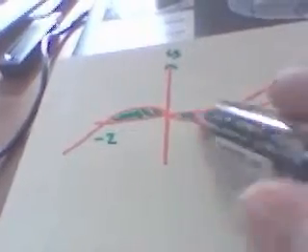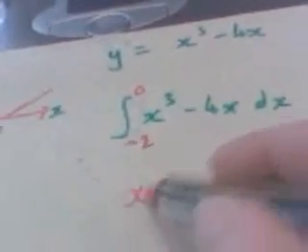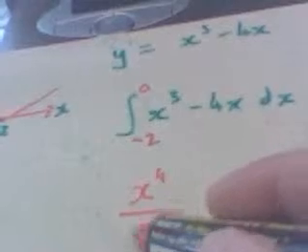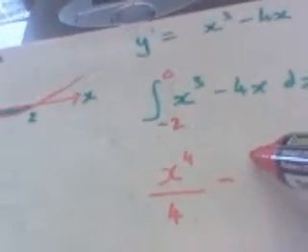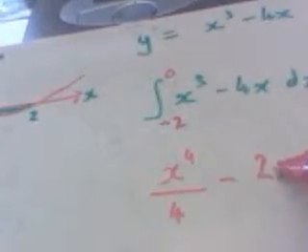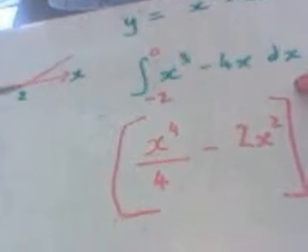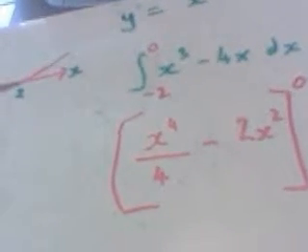Now if instead we do it in two stages, if we go between minus 2 and 0, work out that area, and then work out the area between 0 and 2, we should get the two parts together. So here we go. So once again it's x to the power 4 over 4 minus 2x squared between 0 and negative 2.